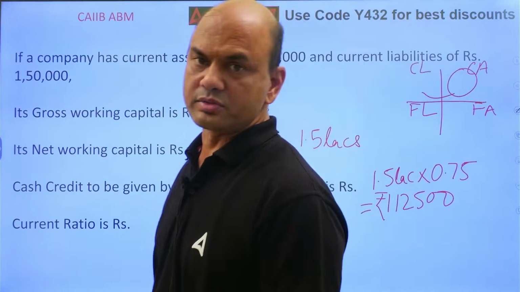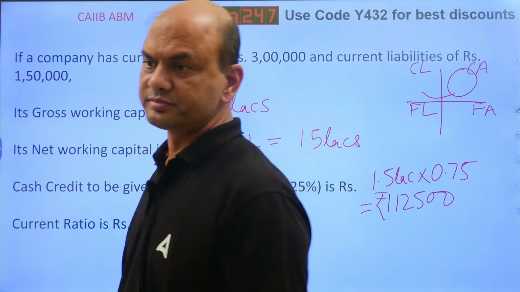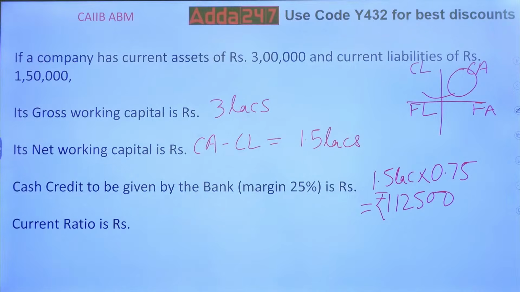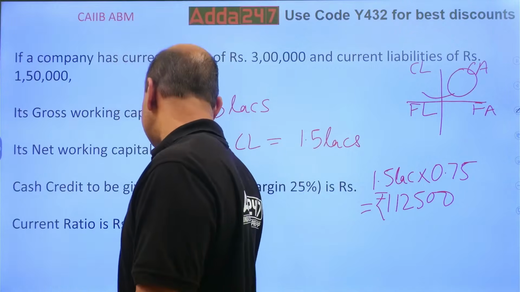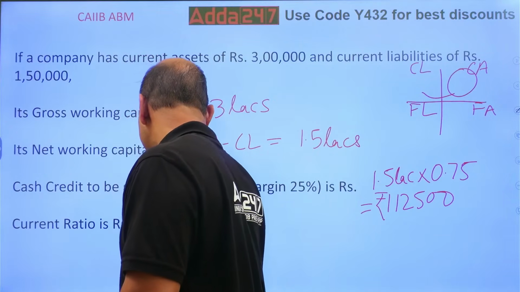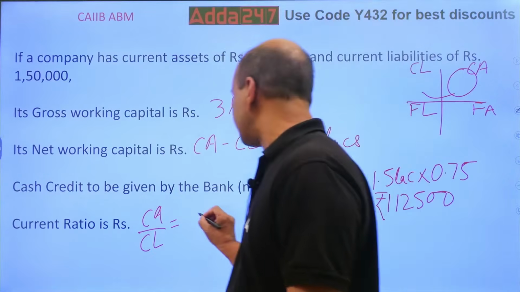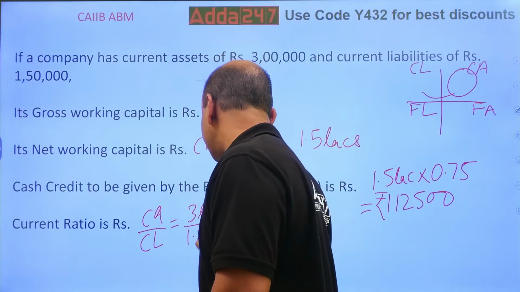What is the current ratio? Current ratio for the company is, what is the formula for current ratio? Current ratio means current assets upon current liabilities. So that is equal to, current assets is 3 lakh upon current liabilities, 1.5 lakh.